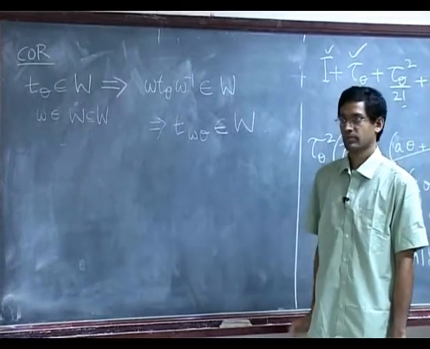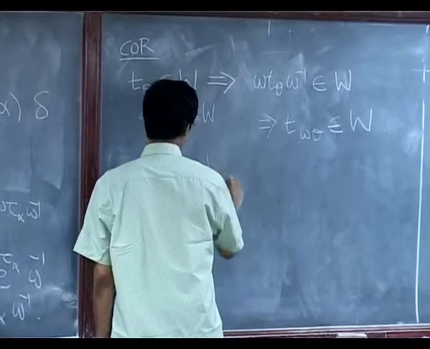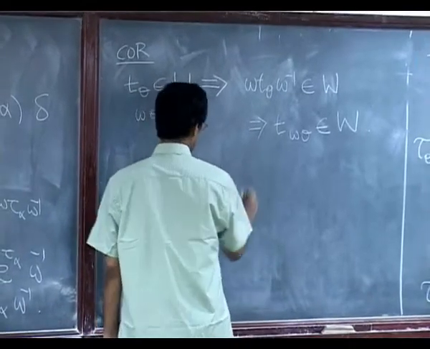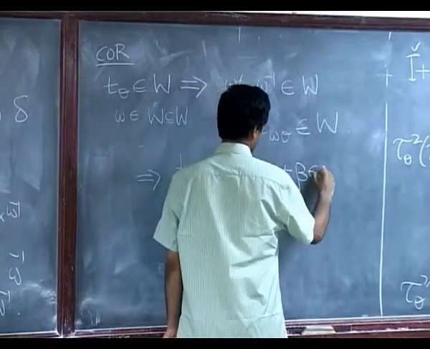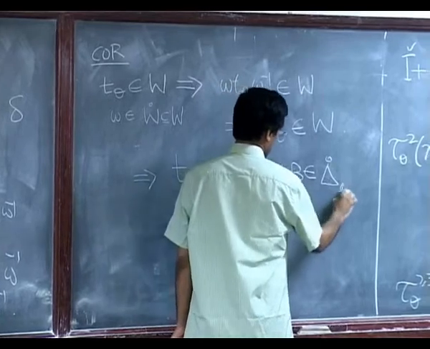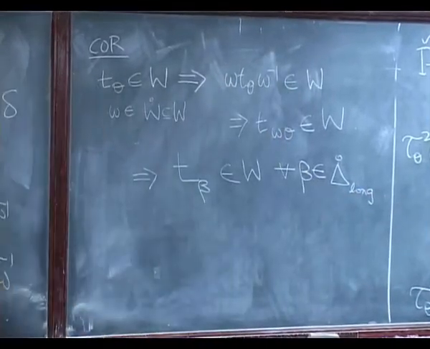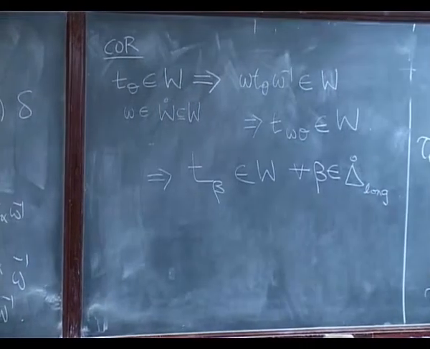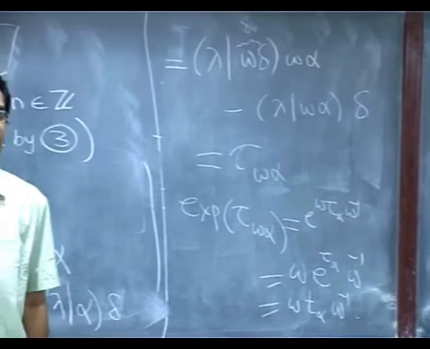Okay, so therefore, this means that if you take T beta, it belongs to W for all beta which is a root of the finite root system which is long. Long roots just means all roots whose norm is the same as theta. Think of it like that.